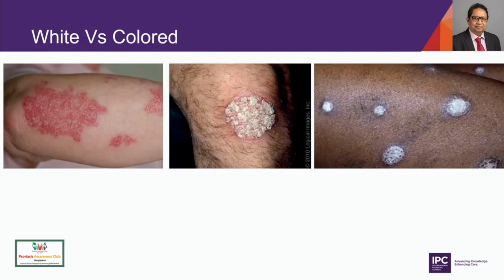We can see in this picture, the white skin has a reddish background with silvery scale plaques, whereas in the dark skin you can see a violaceous border with thick gray to black and whitish scales.